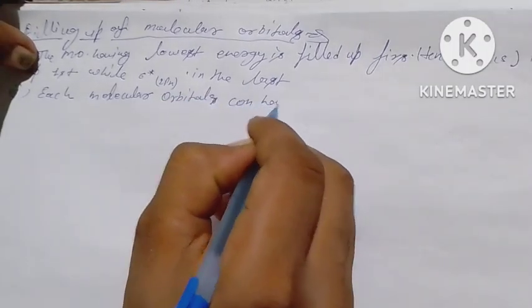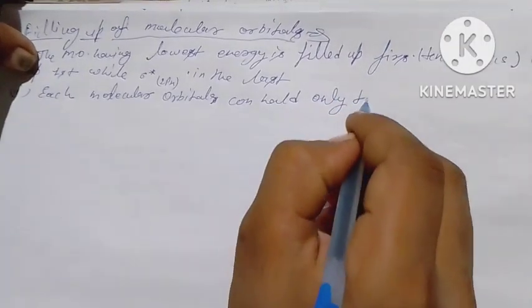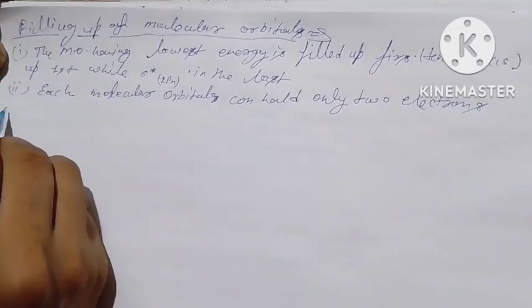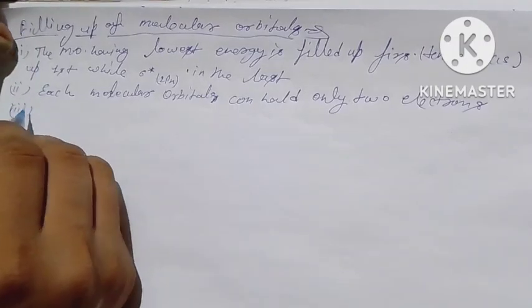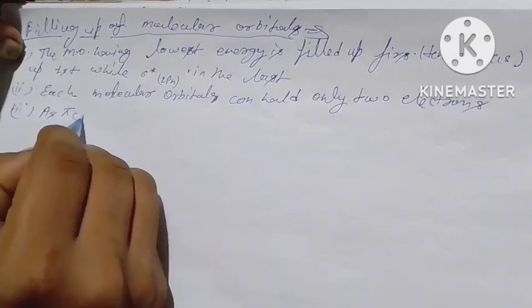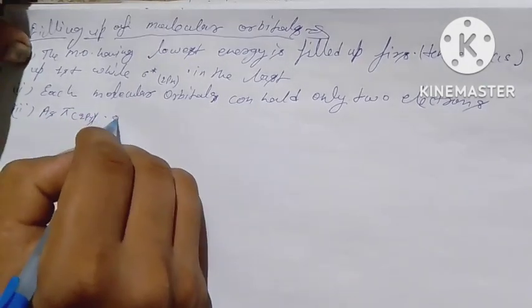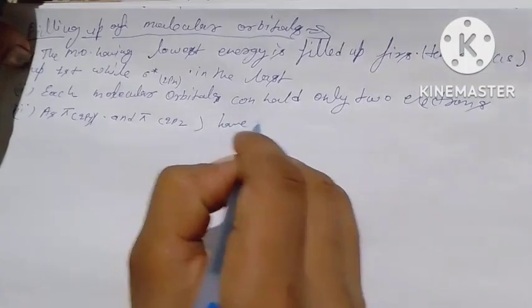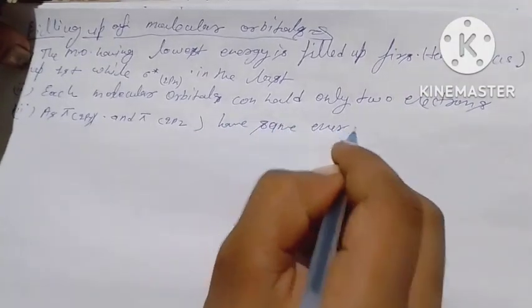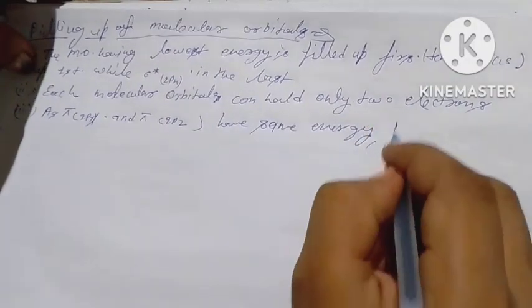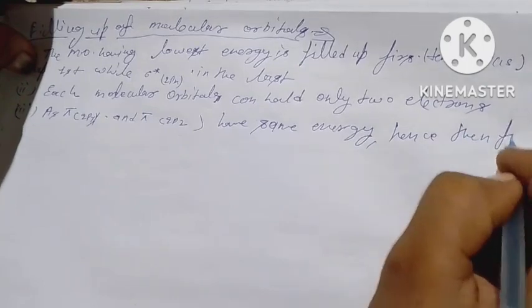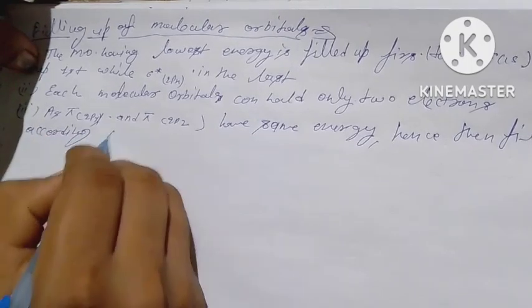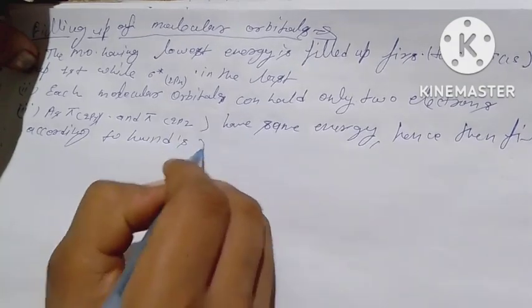Third point: as pi 2py and pi 2pz have the same energy, they are filled according to Hund's rule.